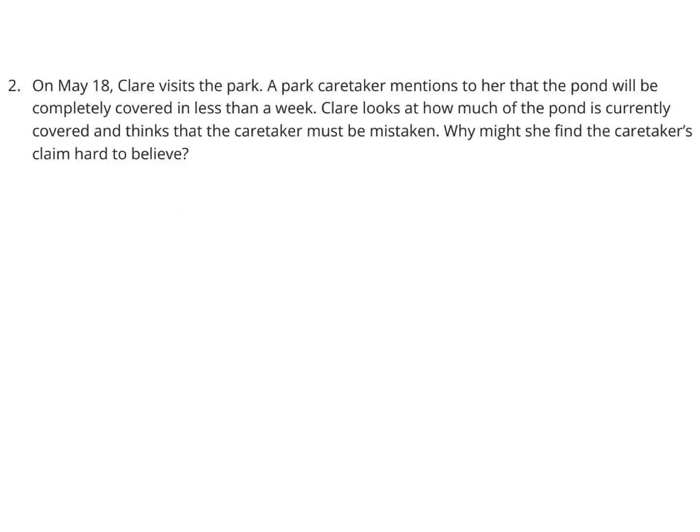Okay, on May 18th, Claire visits the park. Claire looks at how much of the pond is currently covered and thinks the caretaker is mistaken. All right, so on May 18th, which is 6 days before, 24 minus 18 is 6. So remember, our equation starts from May 24th and goes backwards because 1/2 is less than 1, and we have decay.